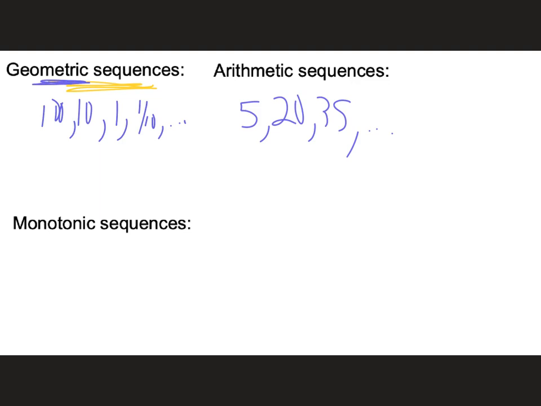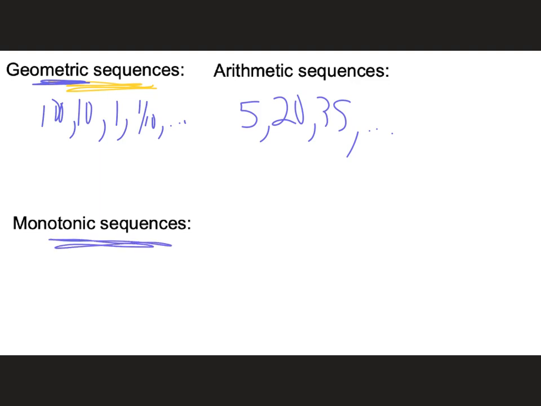In the case I gave you, we multiplied by 1/10 each time. Yes, dividing by 10 is the same thing as multiplying by 1/10, so I can always think of it as multiplication. Then the arithmetic sequence is we're adding something. Now that doesn't have to be a positive, I could add a negative number also, but you add the same thing each time. In terms of function land, geometric sequences link up with exponential functions, and arithmetic sequences link up with linear functions.